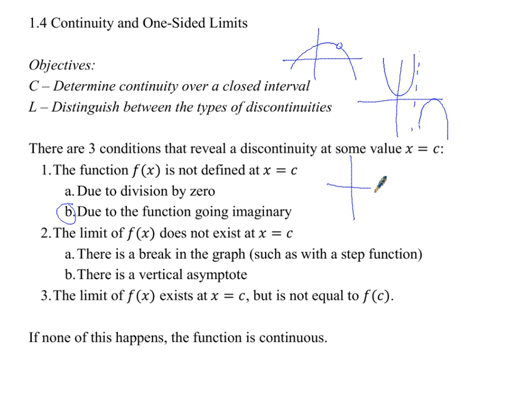The square root function would be 1. So it starts here, and then it continues this way forever. That's some sort of square root function, let's say. All right. The function stops because it actually goes imaginary at that point.